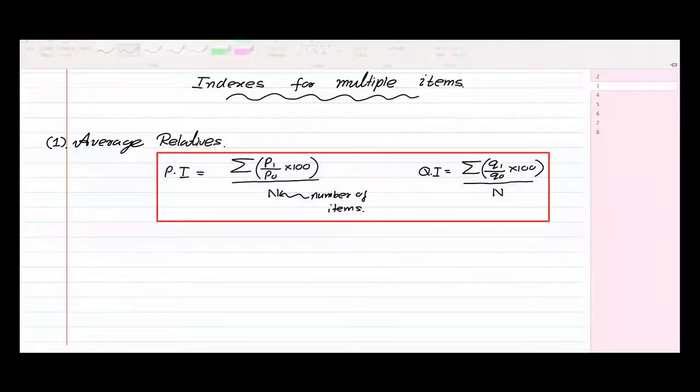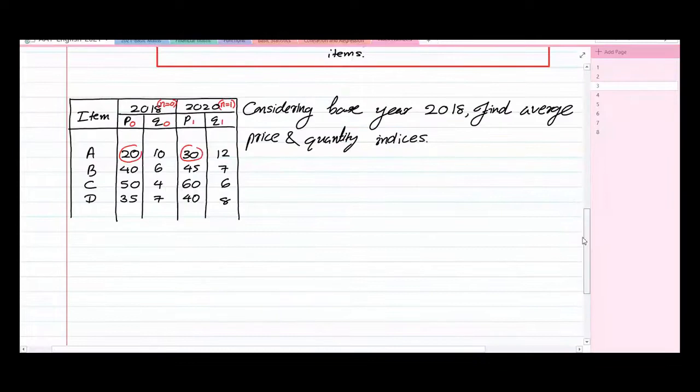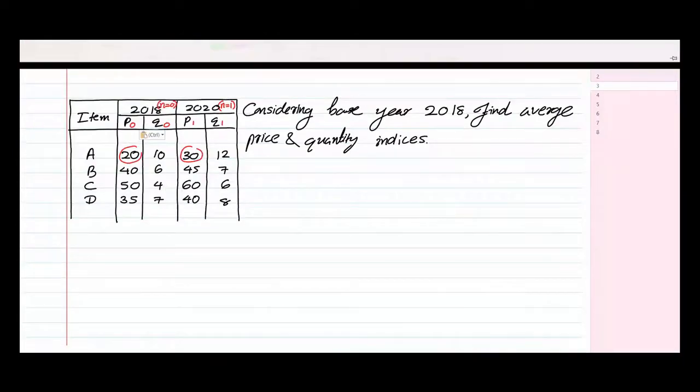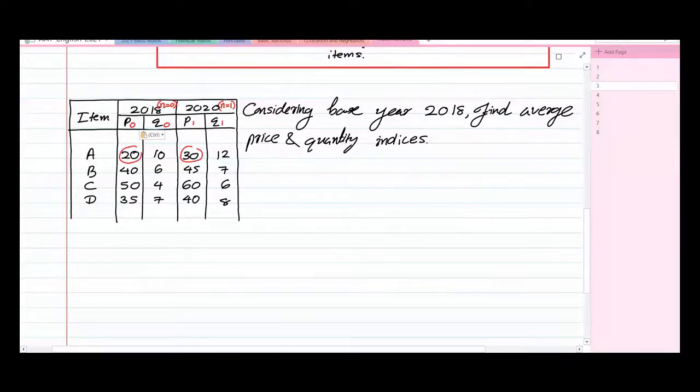Let's do one example. You can see there are 4 items, A, B, C, D: rice, sugar, flour, things like that.